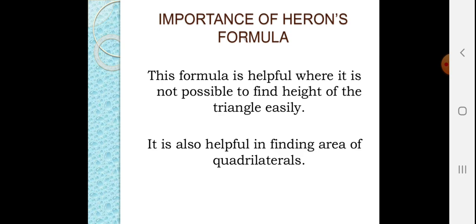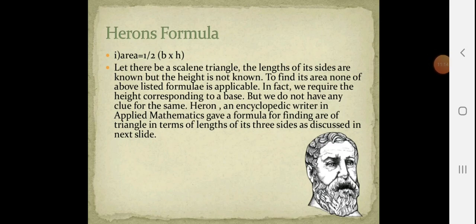Now, what is the importance of Heron's formula? This formula is helpful where it is not possible to find the height of the triangle easily using Pythagoras theorem. It is also helpful in finding the area of a quadrilateral.